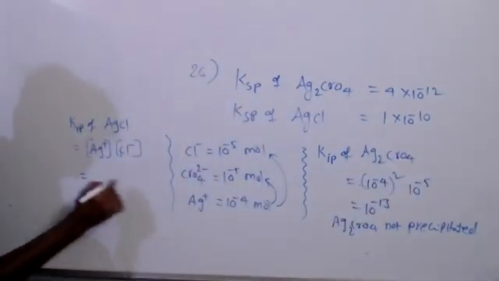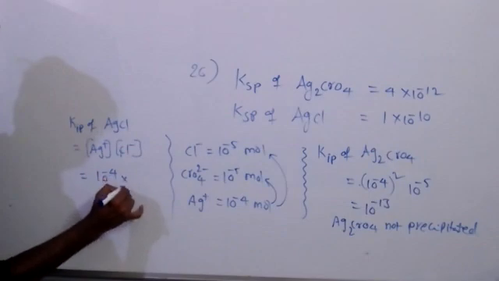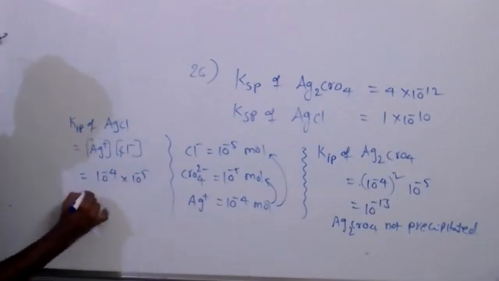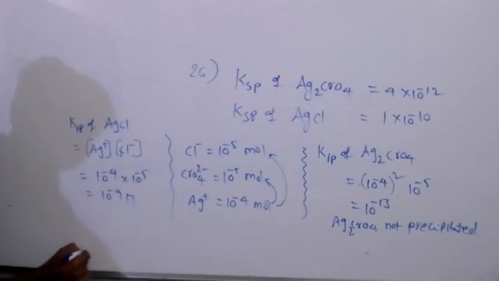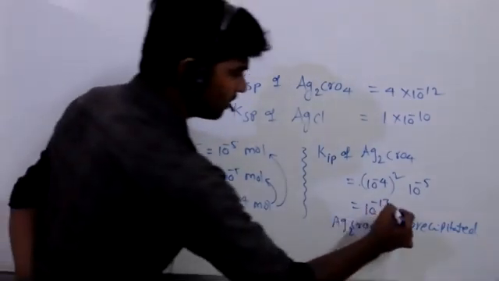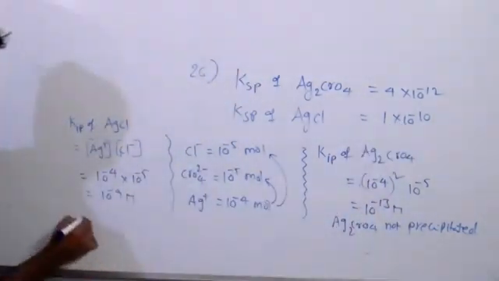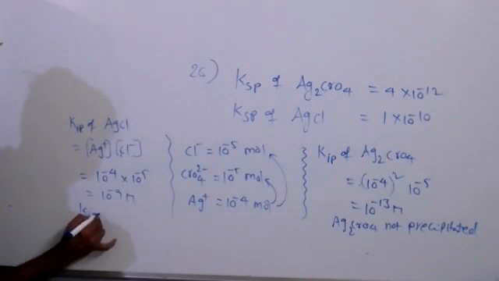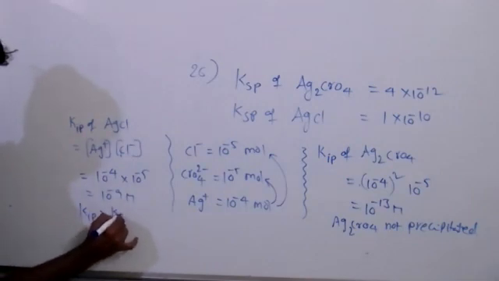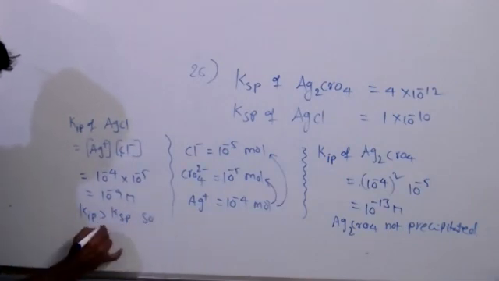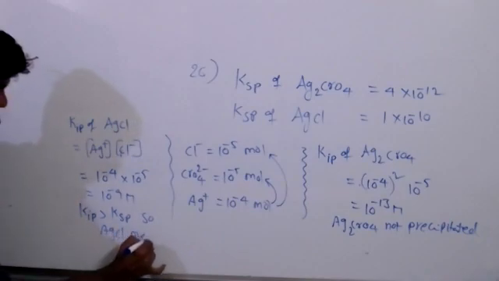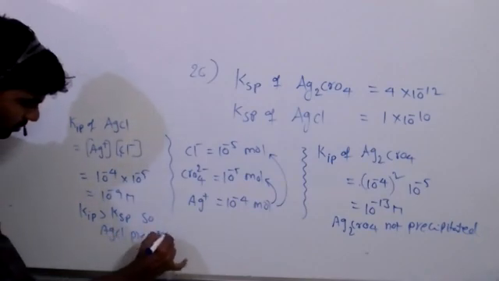Ag plus concentration 10 power minus 4 into Cl minus concentration 10 power minus 5 gives 10 power minus 9. Compare this with the solubility product: ionic product is greater than solubility product. So AgCl is precipitated.